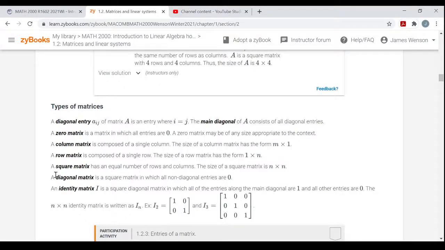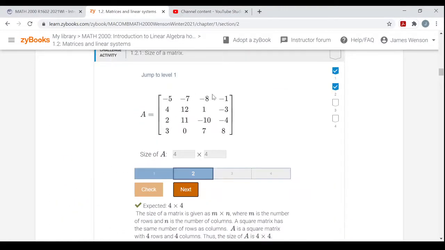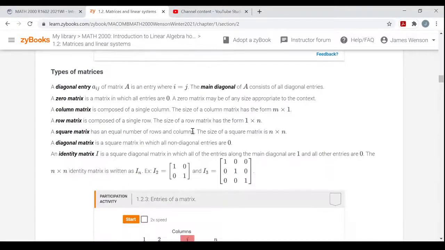Right? A square matrix has the same number of rows and columns, so it's n by n. For example, this one right here, this is a 4 by 4. This is a square matrix. And a diagonal matrix is a square matrix in which all non-diagonal entries are 0.